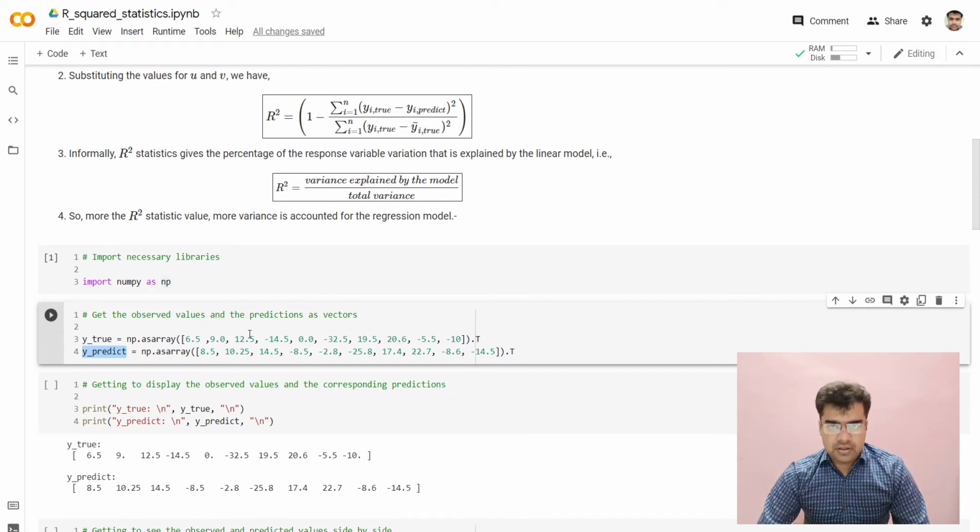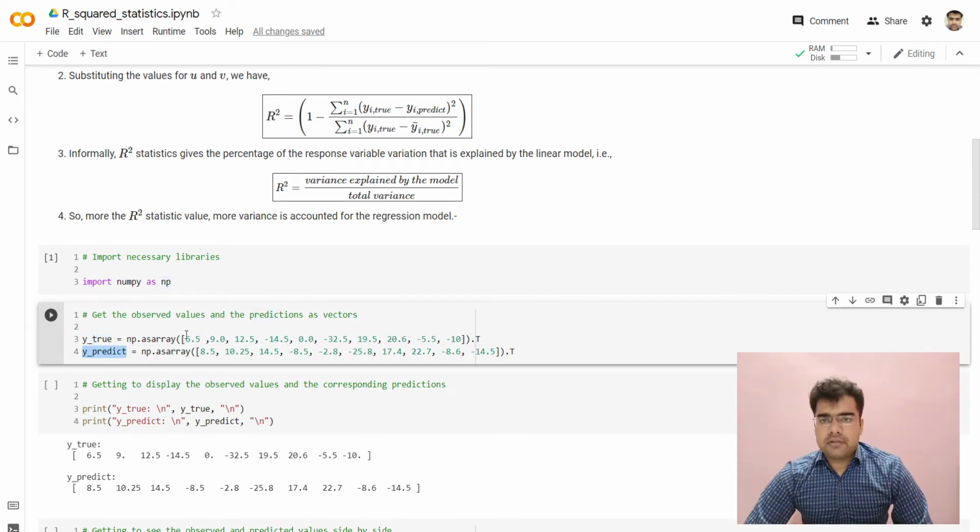So this is an assumption that I have made, that I already have a model which has been trained, and that model has made predictions on the 10 sample points. I also have the corresponding ground truth for those 10 sample points.